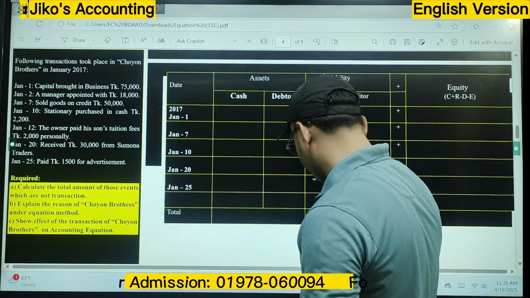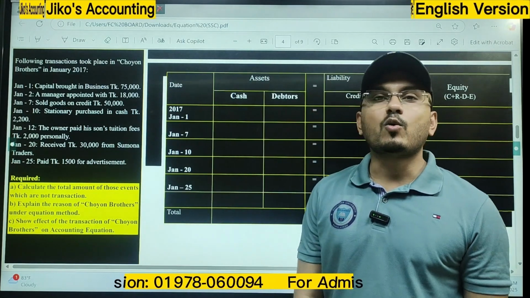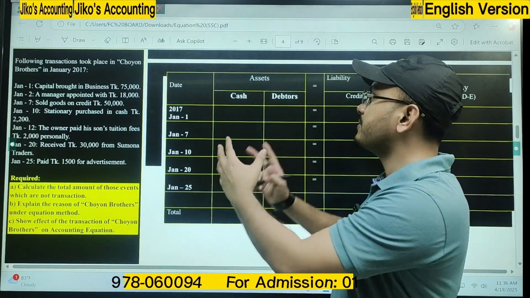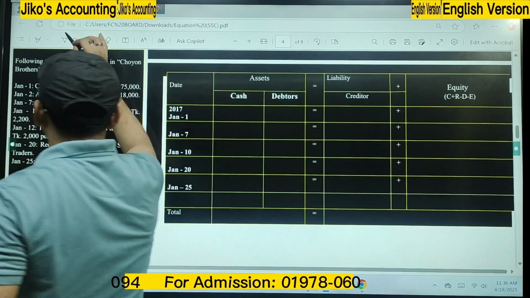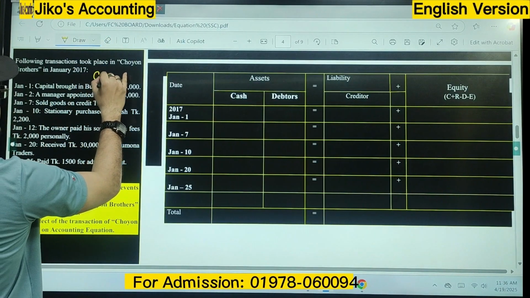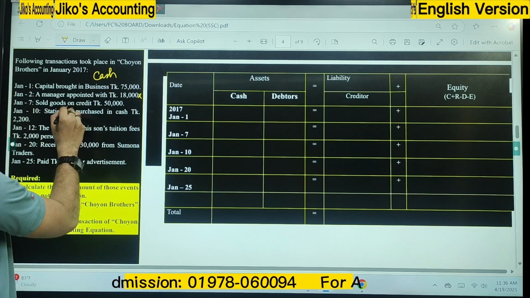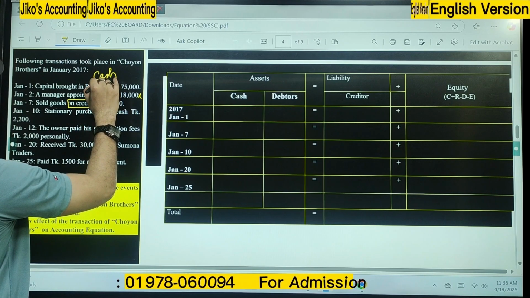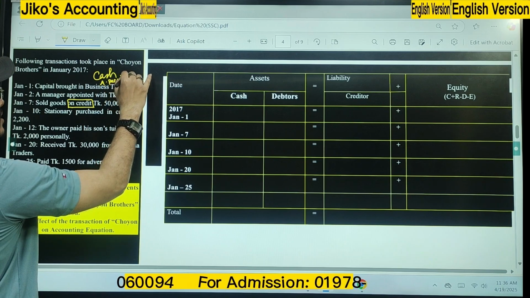First of all, before doing this math, we have to figure out what the assets are and how many assets I have to include here, because we have to write down and prove that assets equal liability plus equity. Here you can see capital brought, that means cash. Cash is an asset. Another appointment is not a transaction. Sold goods on credit: whenever goods are sold on credit, another asset arrives, named account receivable or debtor.